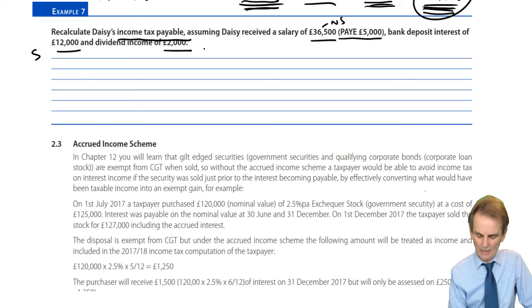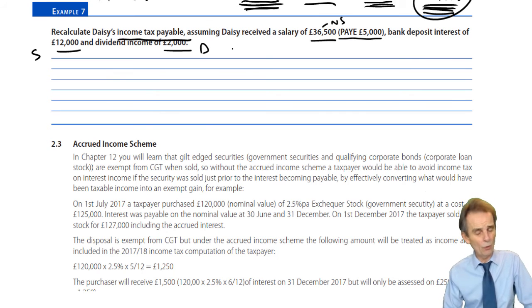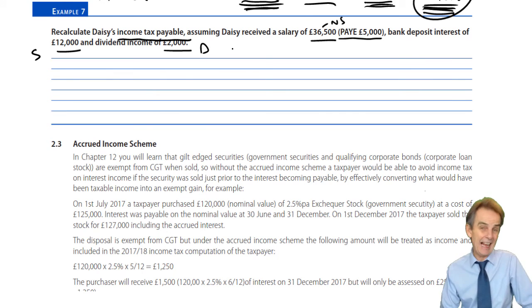Dividend income, 2,000, dividend income, of course. That is less than 5,000, so whatever level of taxpayer we become, as we'll see soon in our tax calculation, we know that the dividend income will all be within the nil rate band.